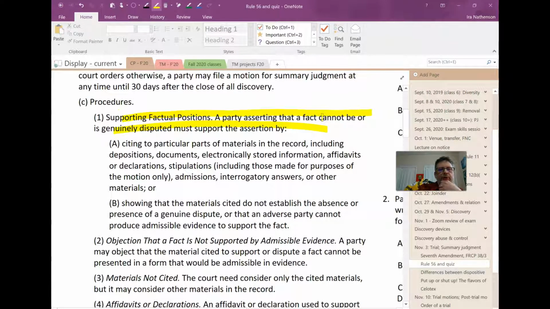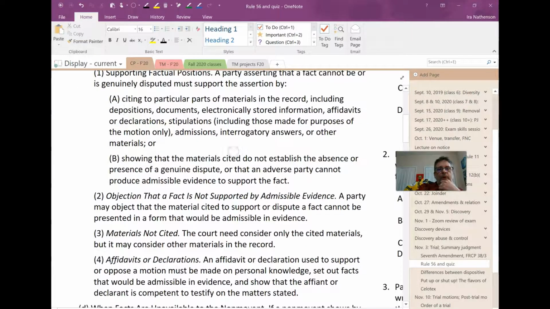You can support summary judgment by pointing to things in the record like depositions, documents, electronically stored information, admissions, answers to interrogatories, or other materials, right? Or you could support summary judgment by saying, hey, look, the other side has had an opportunity for discovery.